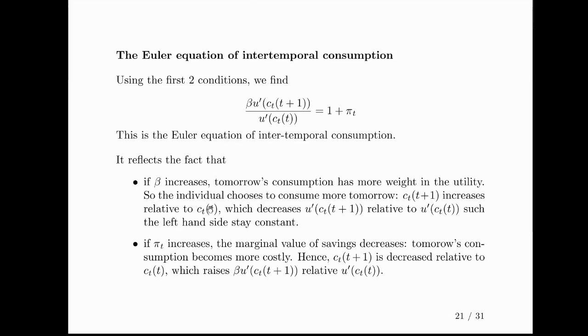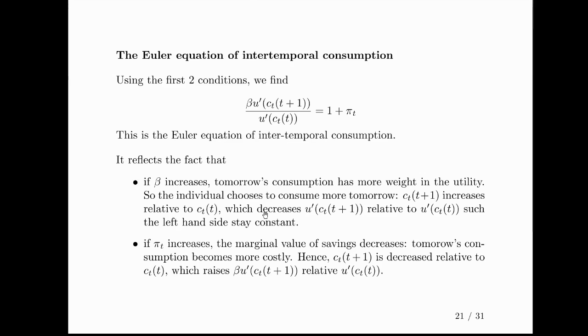All right. And the opposite is true for inflation. If inflation increases, then the marginal value of savings decreases, as we just discussed. There's this substitution effect that goes on, so Ct+1 will decrease relative to Ct.